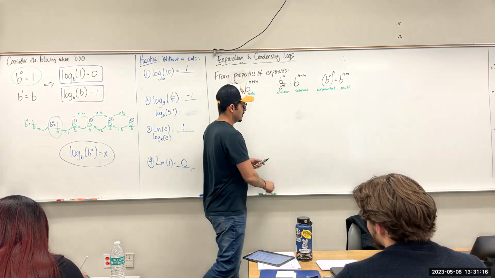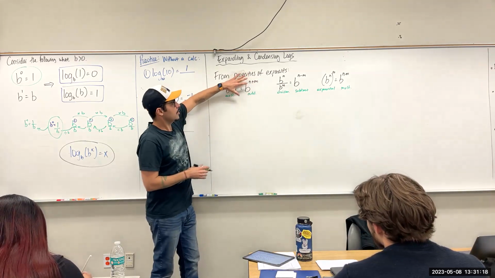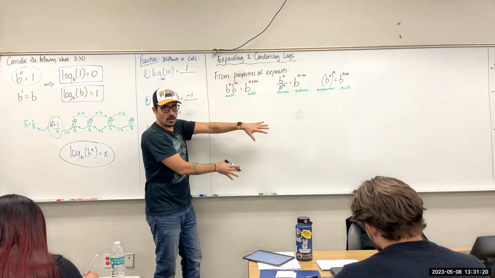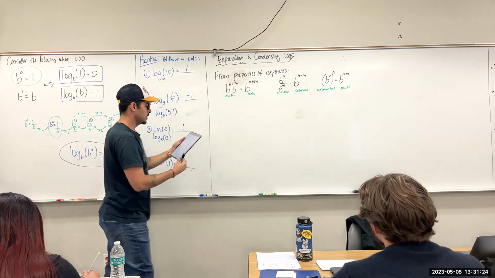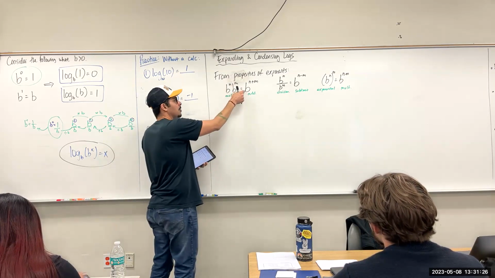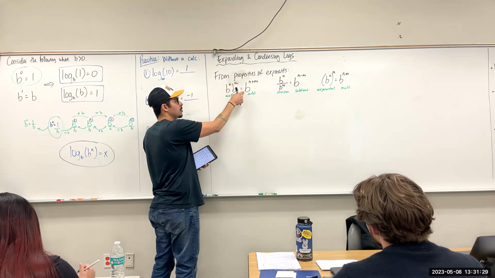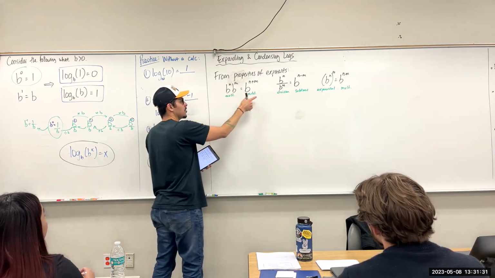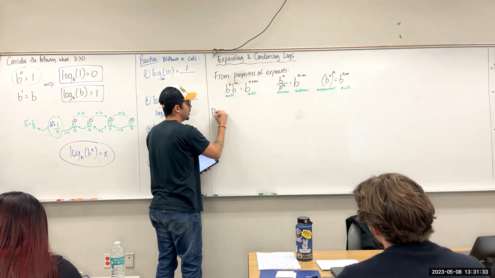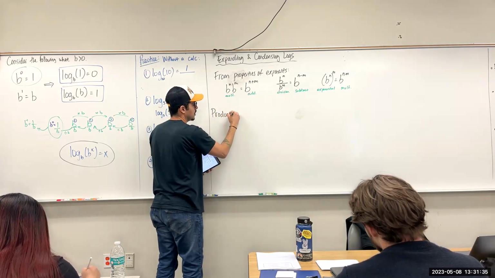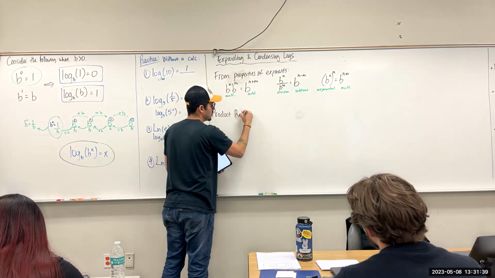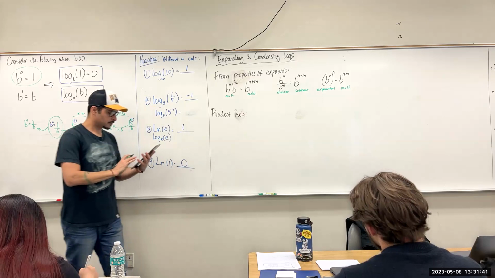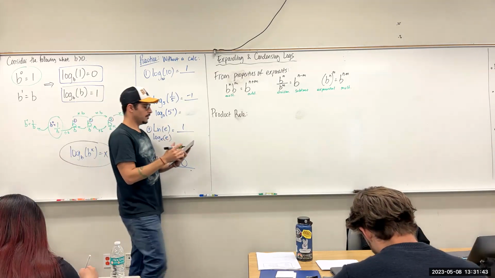Cool. So these properties are gonna also translate into the log world, and they have their own names. From this exponential property that combines multiplication with addition, we have a product law, or product rule, for logs. It looks a little different though, okay?